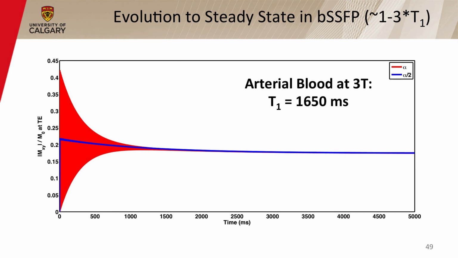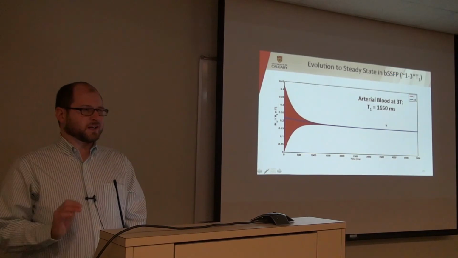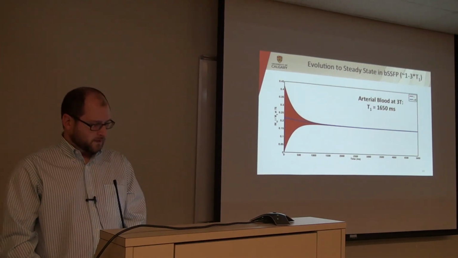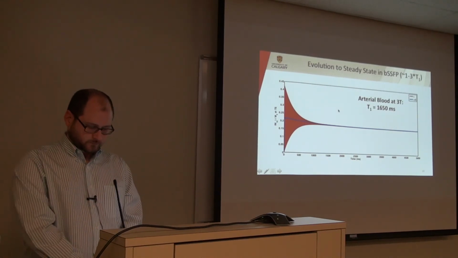It doesn't increase the speed at which it achieves that steady state, but it reduces some of these oscillations, so you can actually start acquiring the center of your K-space a little bit earlier by having this alpha over 2 pulse. But it's a bit of a misconception that this alpha over 2 pulse actually makes you get to steady state faster. It doesn't. It just reduces the amplitude of these initial oscillations quite dramatically.